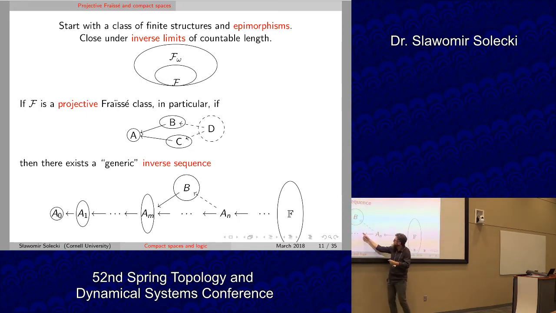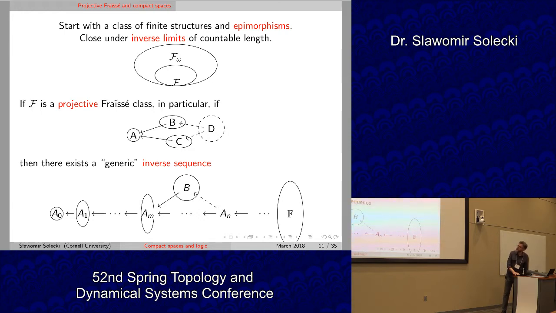Then you always have to find a structure later in the sequence and an epimorphism to B that will close this diagram. So these arrows present challenges to you, and you have to meet every challenge, infinitely often. Essentially everything that can happen happens infinitely many times. There is no restriction on what maps to take in the sequence. Essentially you take all possible maps in as unorderly a fashion as possible. So in this sense the sequence is generic.